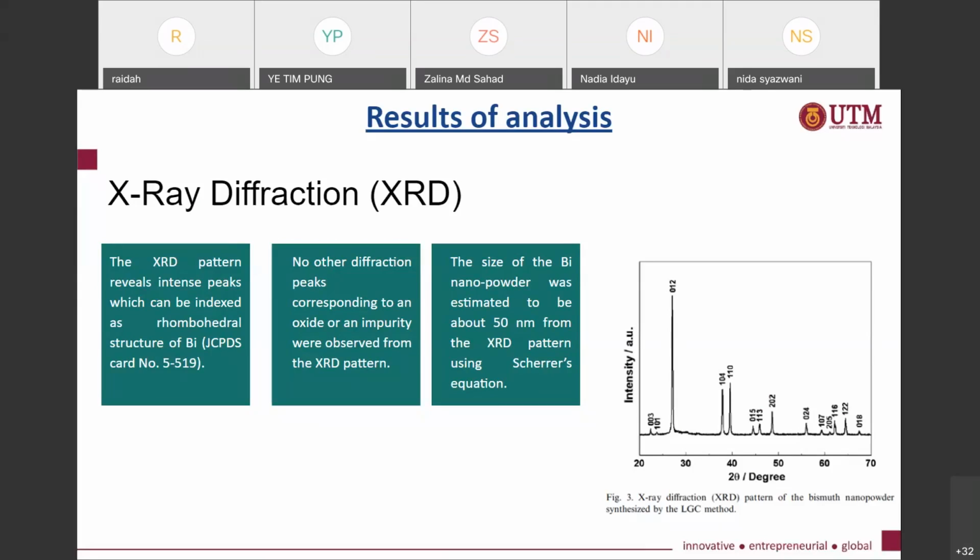No other diffraction peaks corresponding to an oxide or an impurity were observed. This indicates that the nanopowder synthesized by the LGC method is highly crystallized bismuth with high purity. The size of the bismuth nanopowder was estimated to be 50 nanometers from the XRD pattern using the Scherrer definition.